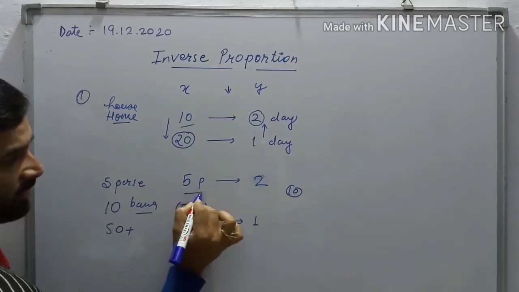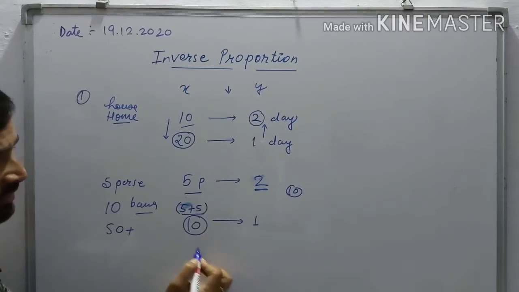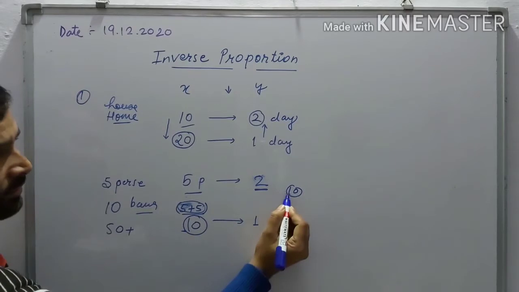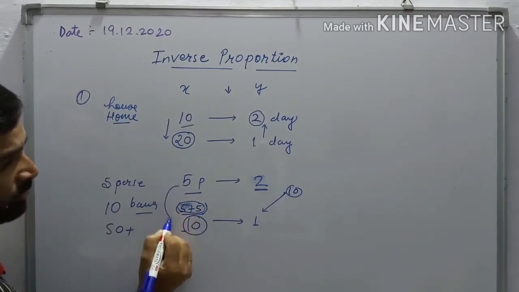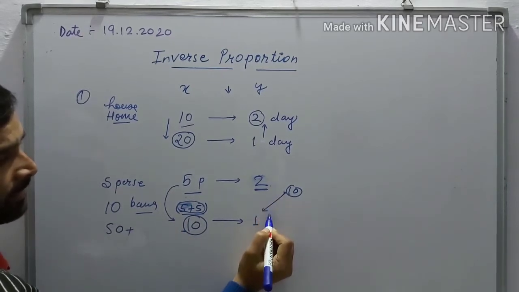First there are 5 persons and each person gets 2 bananas, but the 5 persons increase, the number of persons becomes 10, so the bananas are distributed, each getting only 1. So the 5 to 10 is a value of increase, and here there is a value of decrease.